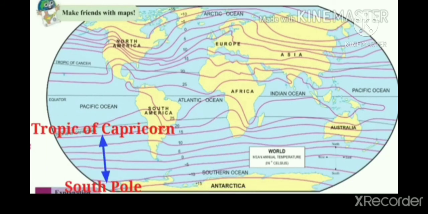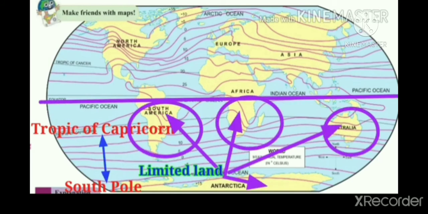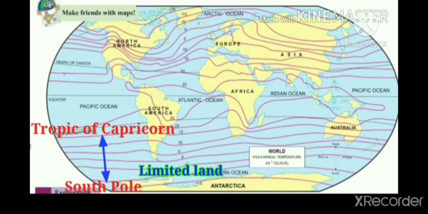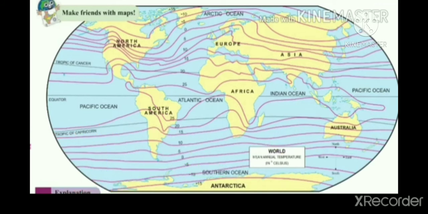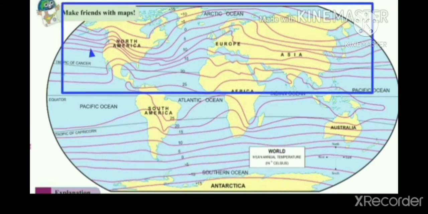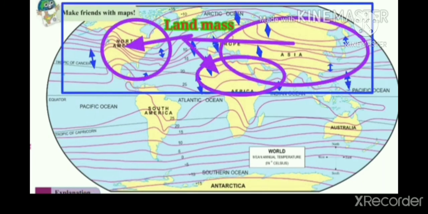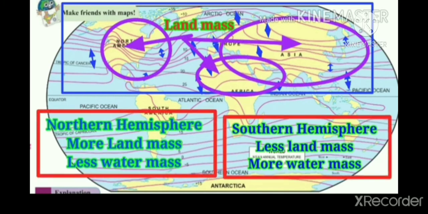The isotherms in the southern hemisphere are fairly parallel to the latitudinal lines. From the South Pole to the Tropic of Capricorn, the distance between these lines is almost equal. As the proportion of land in the southern hemisphere is limited, the temperatures in these parts are largely influenced by the latitude.